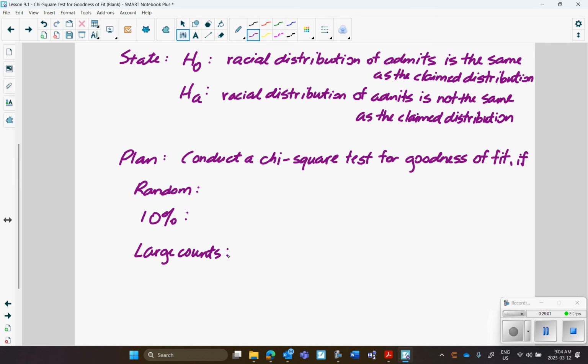So remember, we're going to assume that the students were randomly selected from the group of top applicants. Okay? Assume, otherwise we can't proceed. Admits were randomly selected from the pool of top applicants.